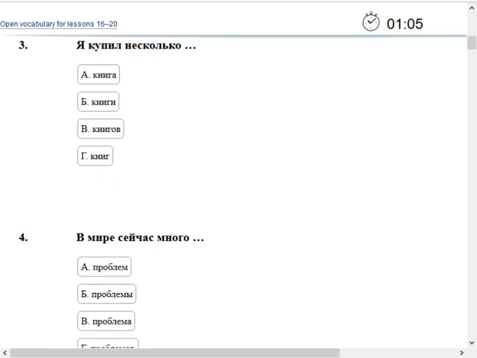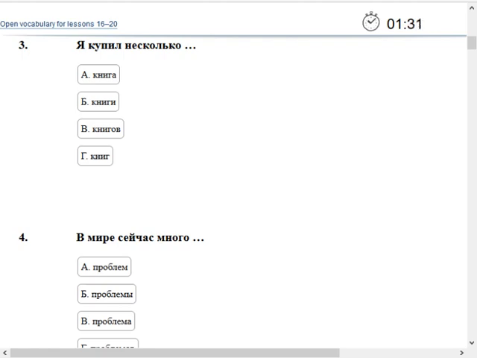Okay. Я купил несколько. I bought a few books. And actually, no, not again. This is different because now we don't have a number. Now we have the word несколько. So here's a slightly different rule. Несколько means like a few. And that takes the genitive plural.